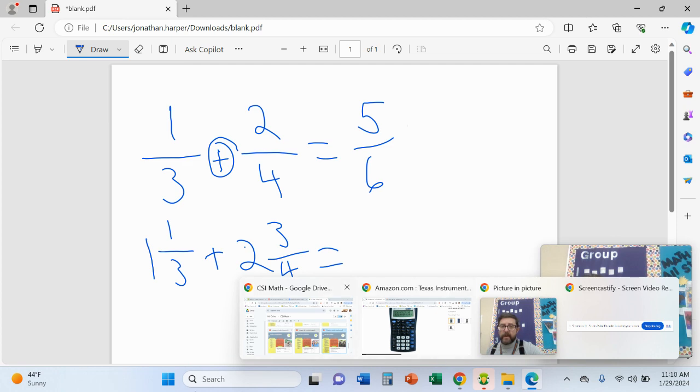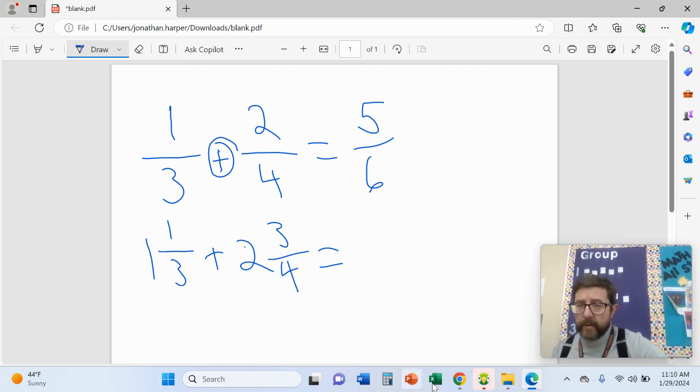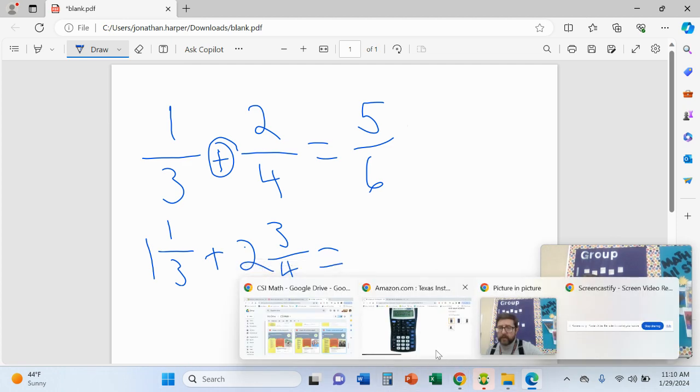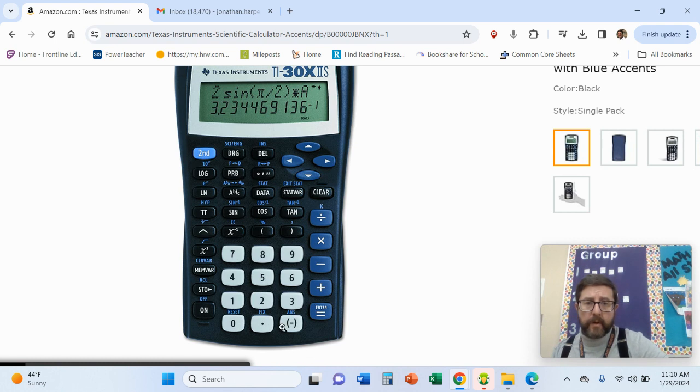Now I've got that entered. Let's go back over here to our Google advertisement. What I want you to do is hit 1 fraction button, 1 fraction button again, 3.